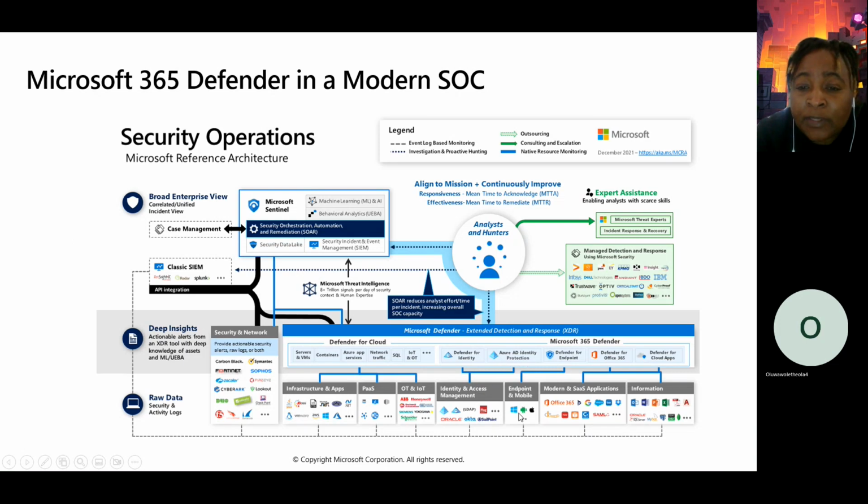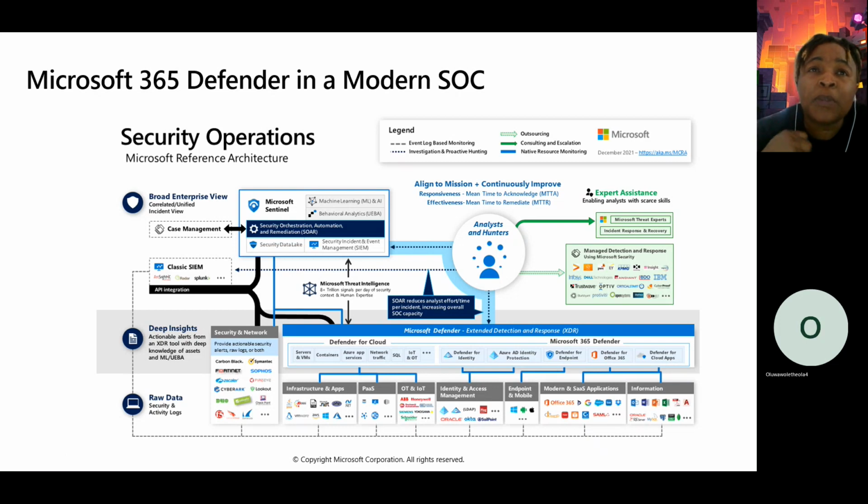And then for your endpoints and mobile devices, you use your Defender for Endpoint. For your modern and SaaS applications, whether it is Google or any other SaaS application, and Office applications, email, they can feed into the Defender for Office. And a part of the Defender for Office still feeds into the information protection. We also have the Defender for Cloud Apps that gives us visibility into cloud apps.